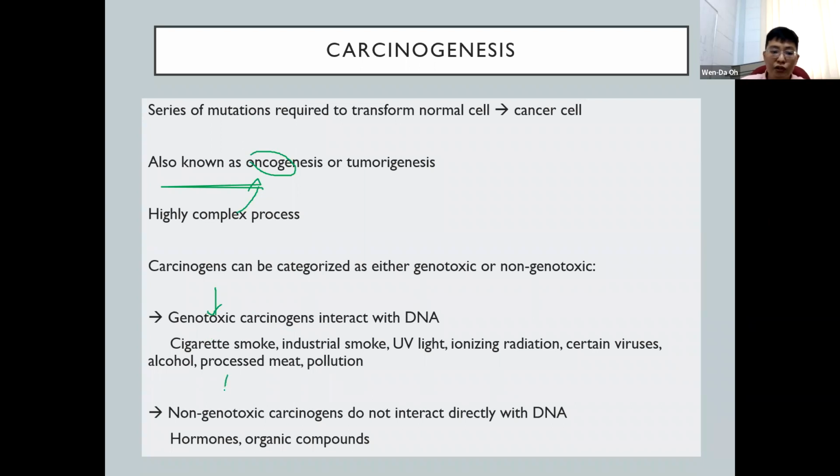But if it is non-genotoxic, it means that that particular toxicant does not directly interact with DNA. It can interact with hormones, it can interact with organic compounds, or it itself is a hormone. It can induce a lot of different effects, but it does not interact with the DNA directly, right? That's the non-genotoxic carcinogen.